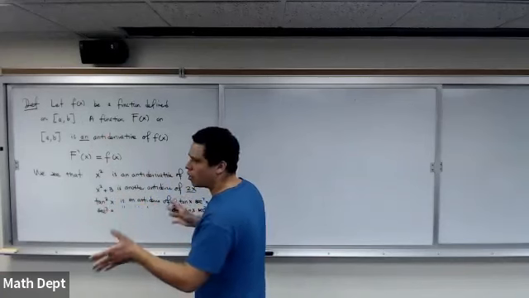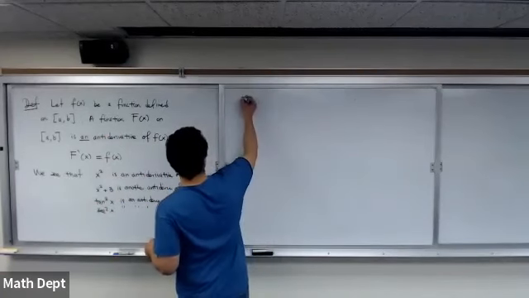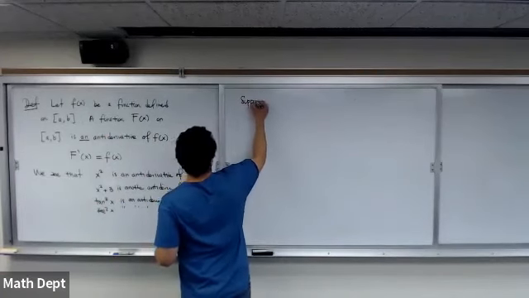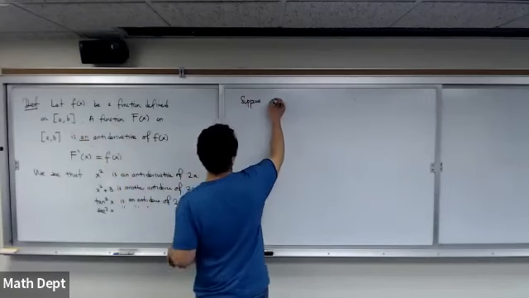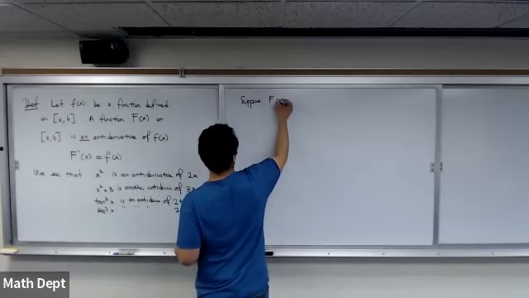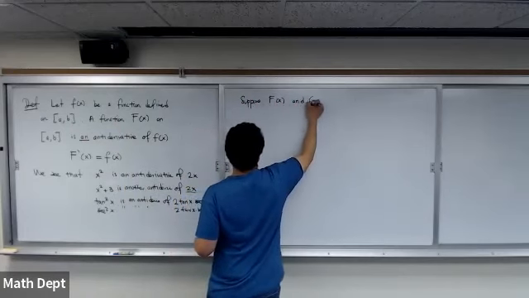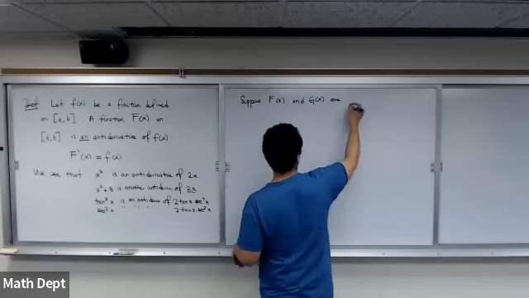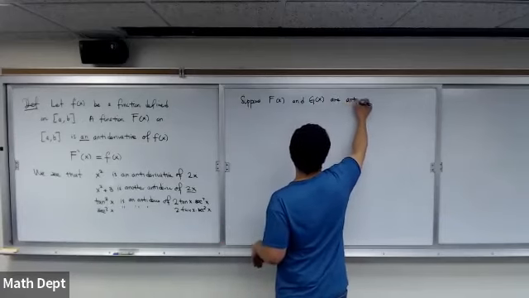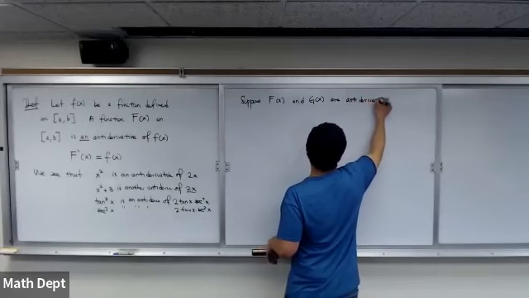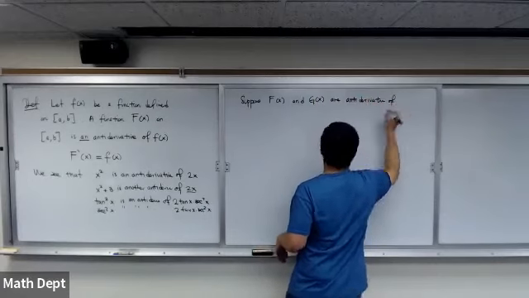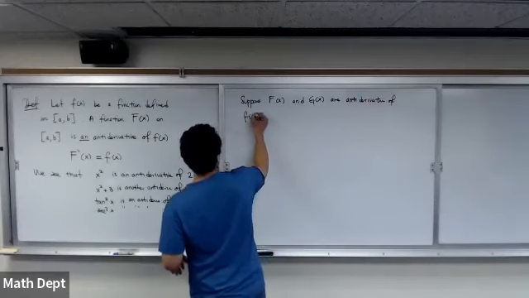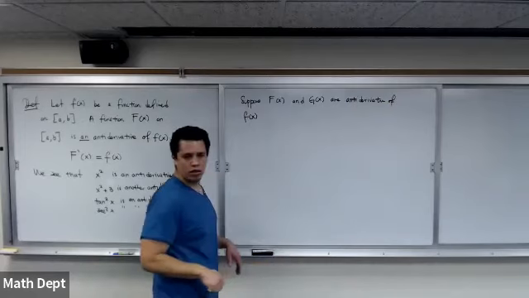So I'm going to suppose that under these conditions, two functions f of x and g of x are antiderivatives of a function little f of x.